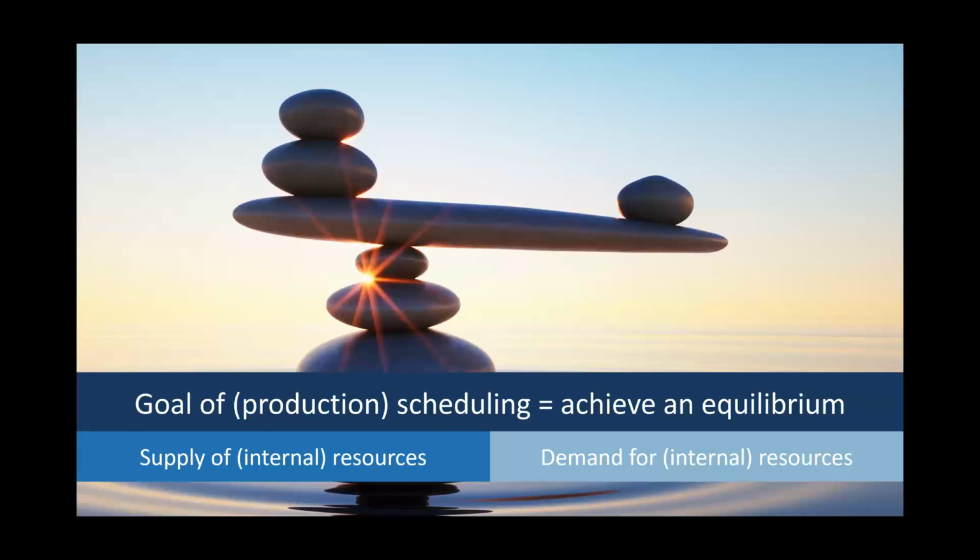You want to balance out the demand for your resources with the supply of your resources. So the purpose of scheduling really is to make this balance of resource supply and resource demand happen. And this, in essence, is why you need scheduling.